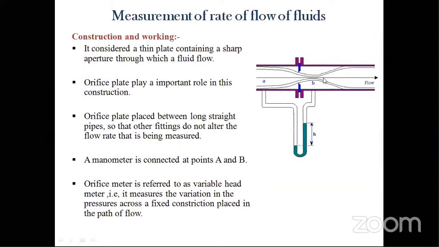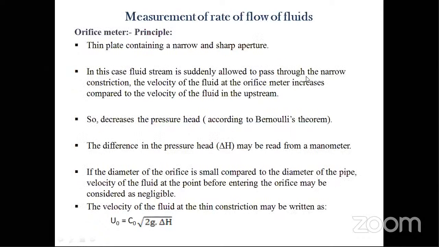So this portion requires a constant, and this is C0. So velocity u0 equals C0 root over 2g delta h, where g is the gravitational acceleration and delta h is the pressure head difference between the two portions.